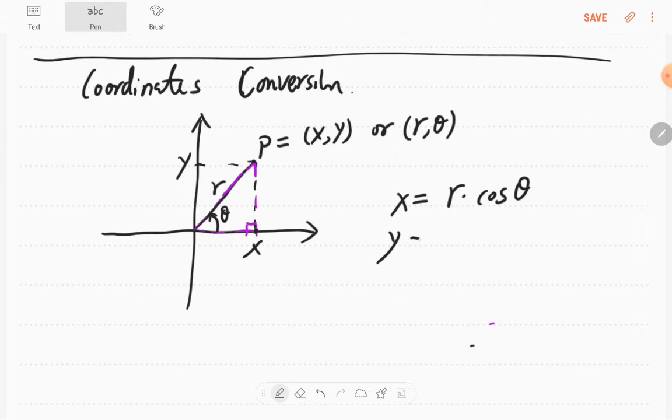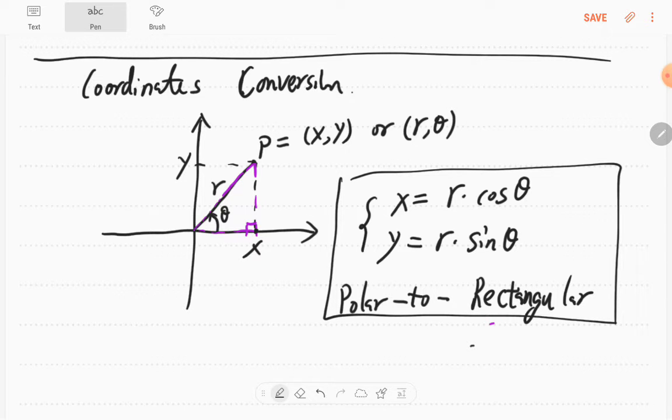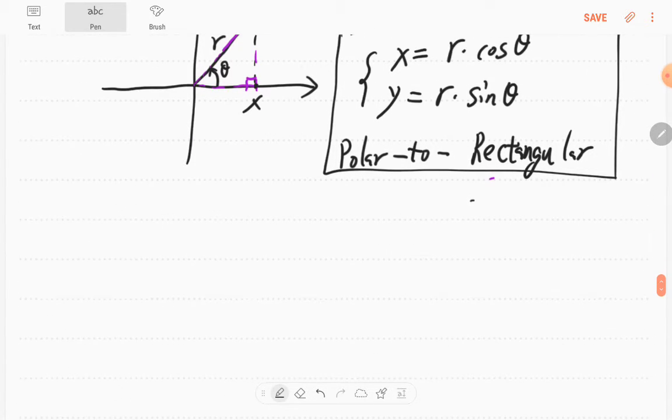Y can be written as r times sine theta. So this is called polar to rectangular coordinates. If we know the polar, we can use this formula to find the rectangular coordinates.